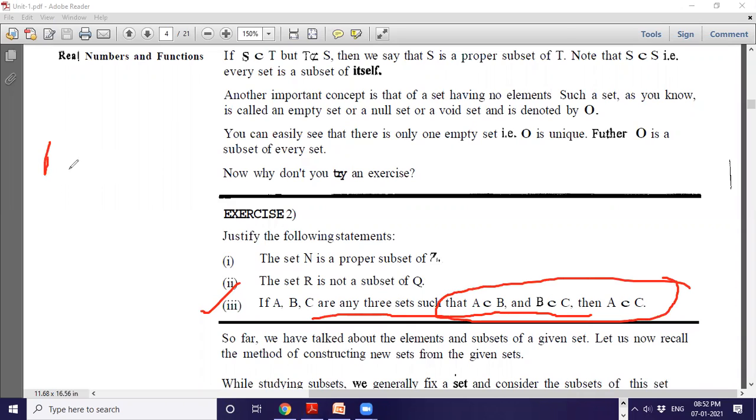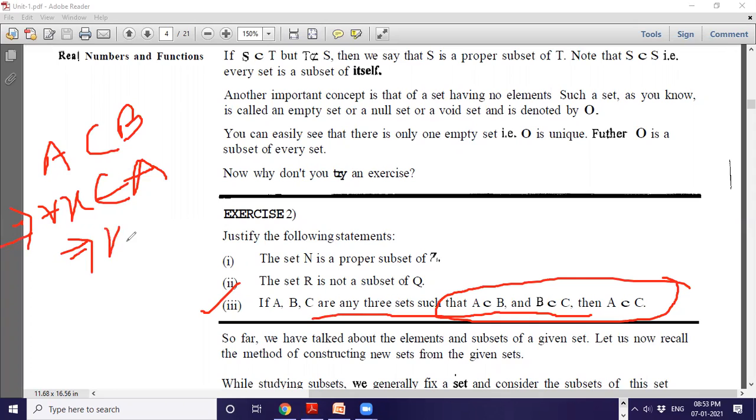So A is a subset of B. This means what? For all X belongs to A, see, ये जो symbol मैंने लिखा, this is known as universal quantifier, that is for all. For all X belongs to A implies X belongs to B.